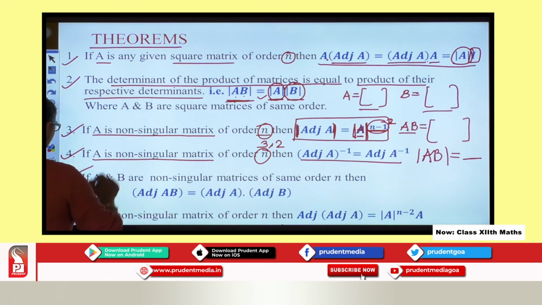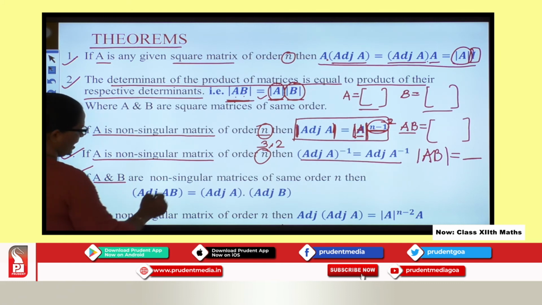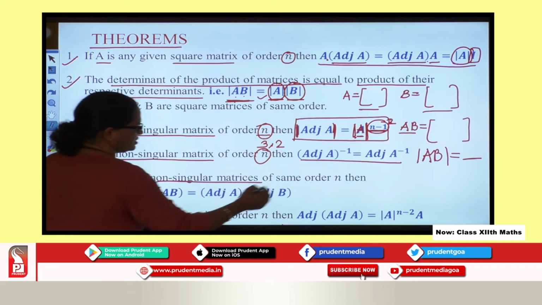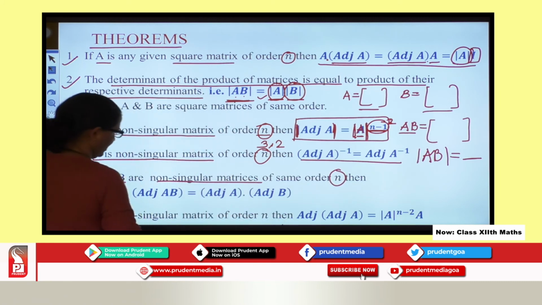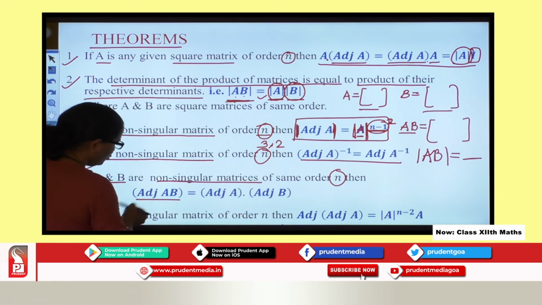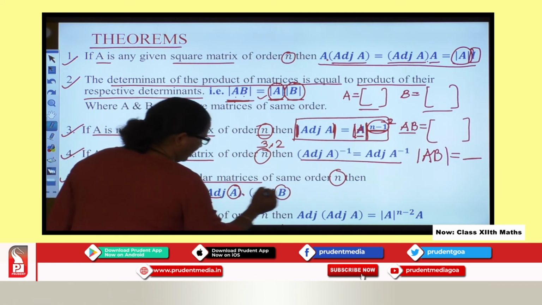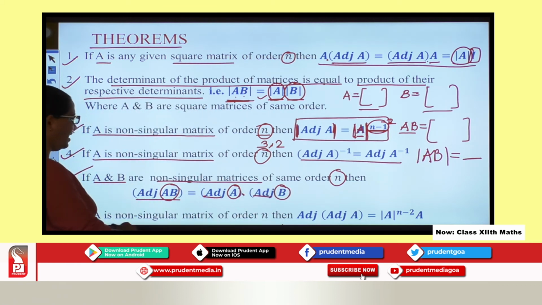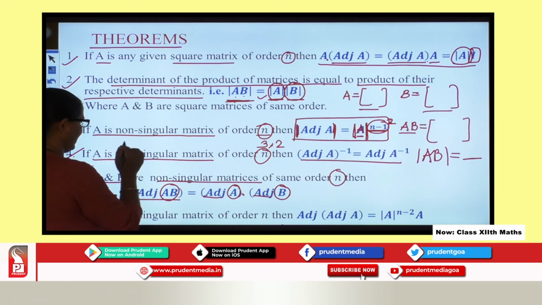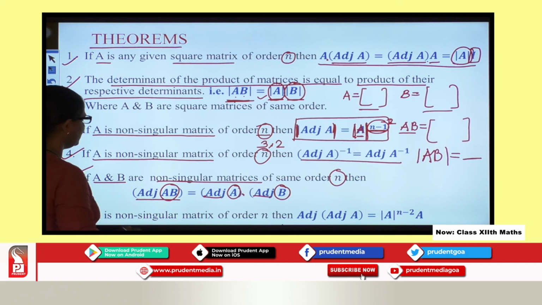And then here the fifth one, if A and B are non-singular matrices of the same order n, then you can see the adjoint of the product is equal to adjoint of matrix A into adjoint of matrix B. Okay, these are the facts which are proved. So what you can get over here is an MCQ kind of question. So please remember these facts.